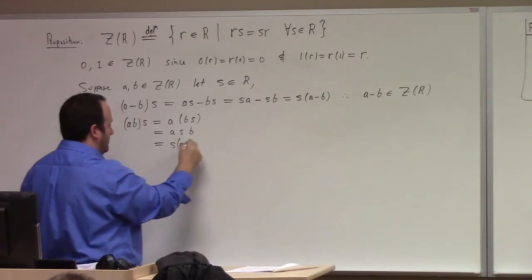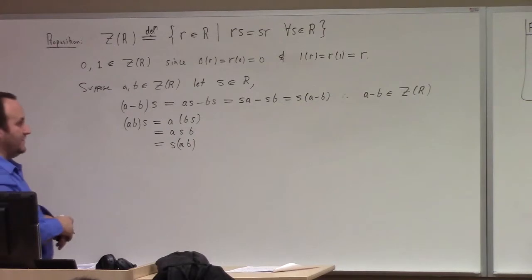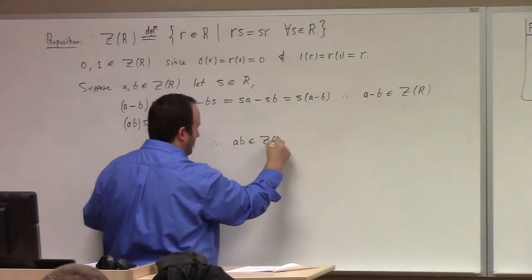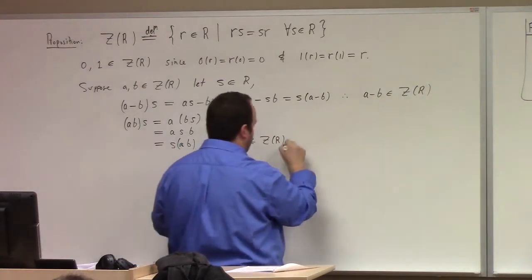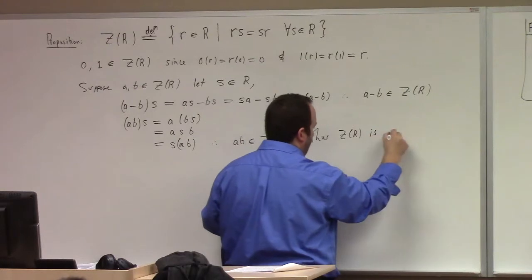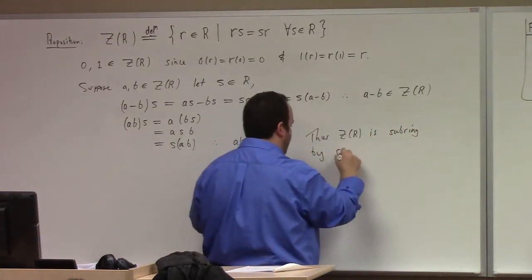So there you go. ab commutes with an arbitrary s in the ring. Therefore, ab is in the center. Thus, Z(R) is a subring by the subring test.